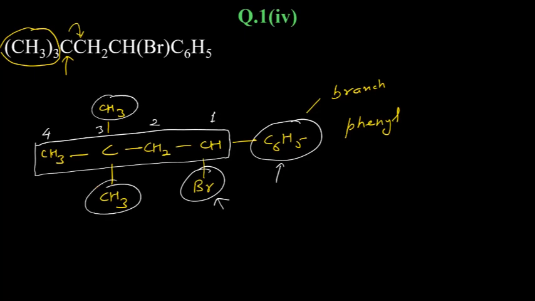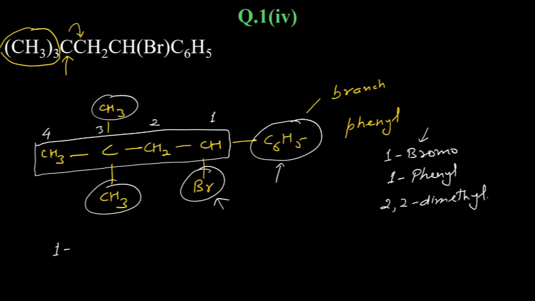So remember, you have to place them in alphabetical order. So first write these. On first you have 1 bromo, 1 phenyl, and you have 2 comma 2 dimethyl. Now B comes first. Obviously this is butane, 4 carbons. B comes first, so you will write 1 bromo.